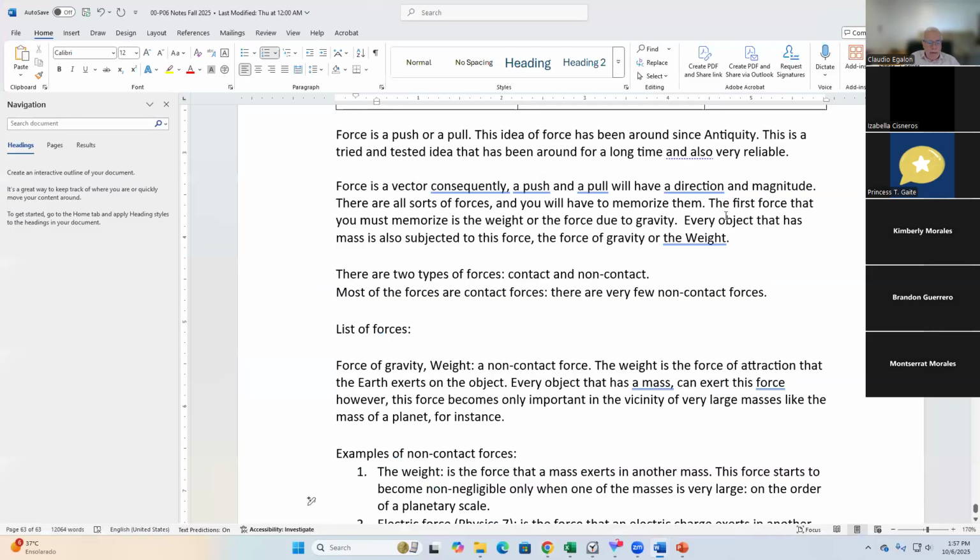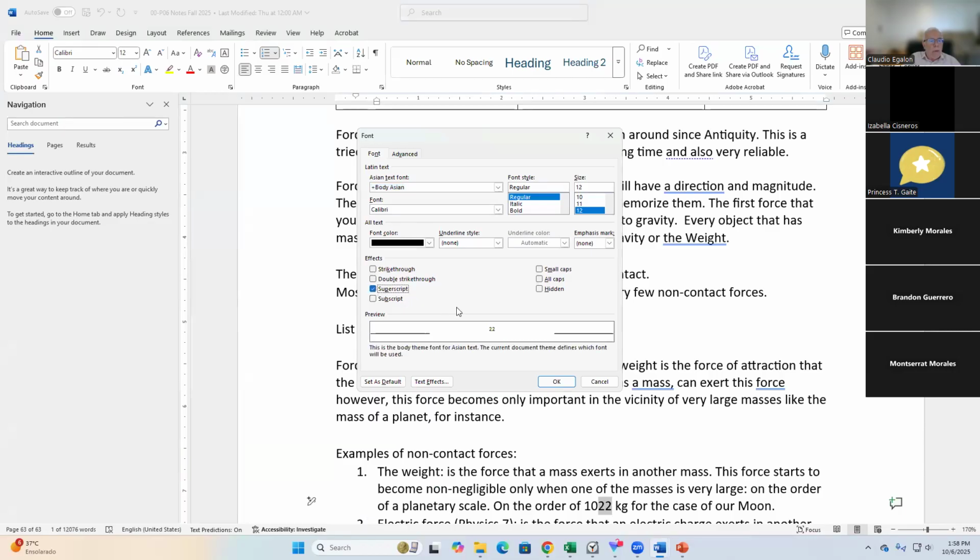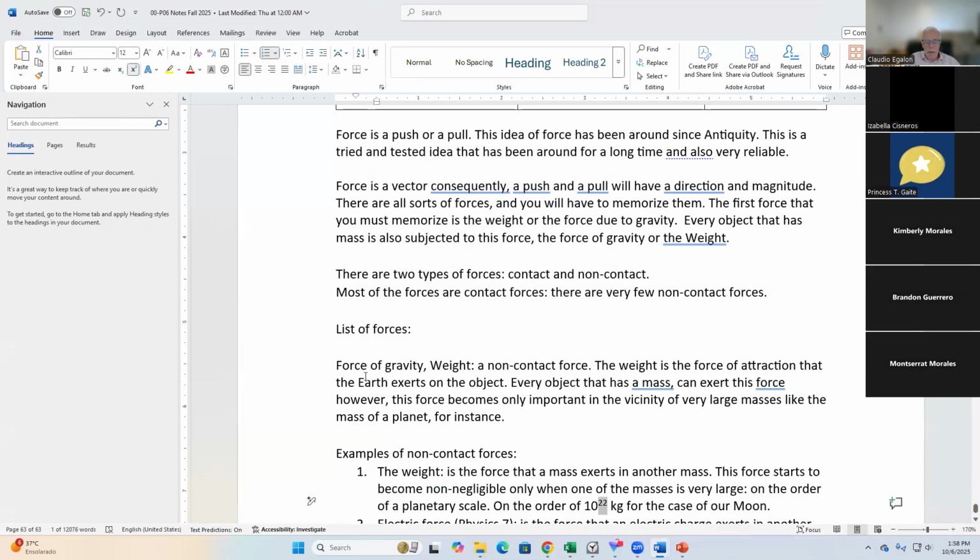So a mass on the order of 10 to the 22 kilograms for the case of our moon. Superscript, okay?